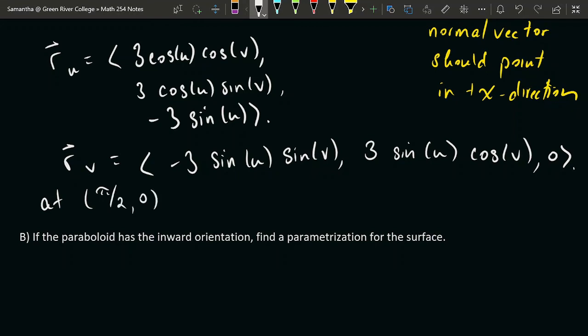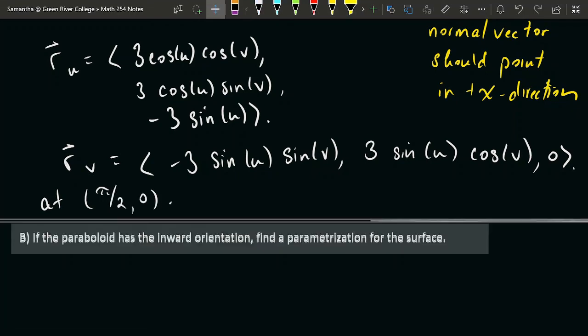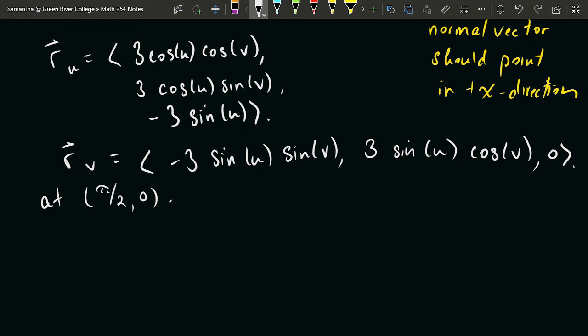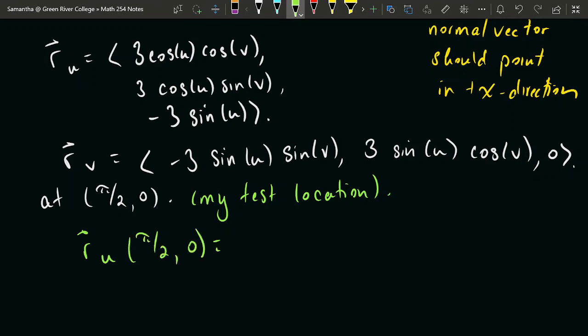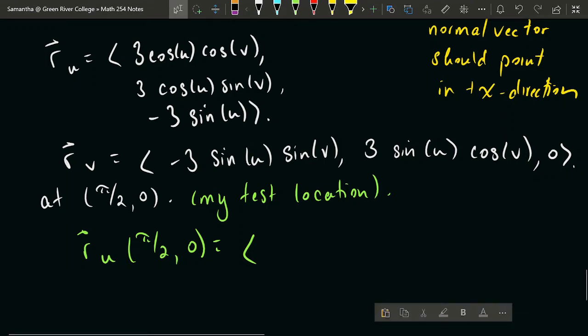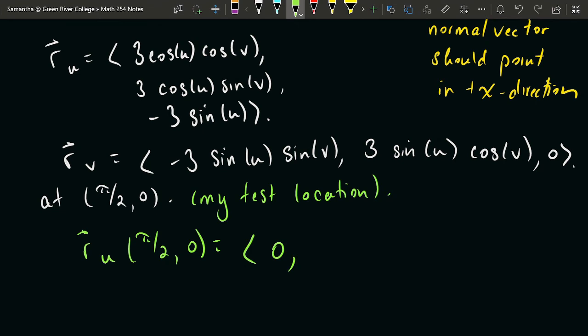Now, if I restrict my attention to this specific test location, pi half, 0, that I am using, then the partial derivative in the u direction will become 0 from cosine of u, 0 again from cosine of u, and negative 3.